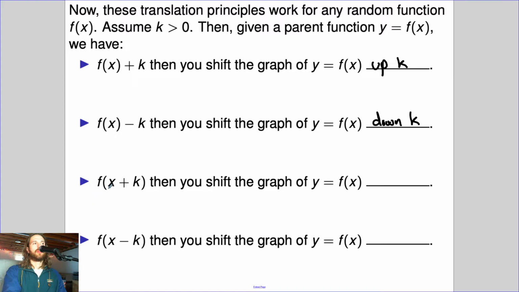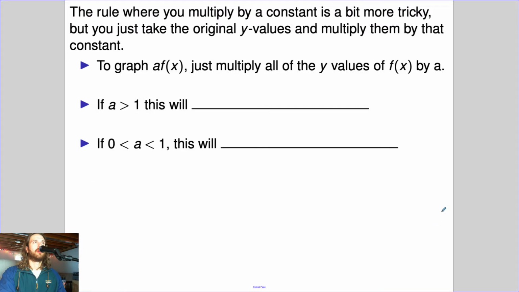So basically, when you add k here, that actually shifts to the left k on the graph if you're adding a number to x, and if you're subtracting, it shifts the whole graph to the right k units.